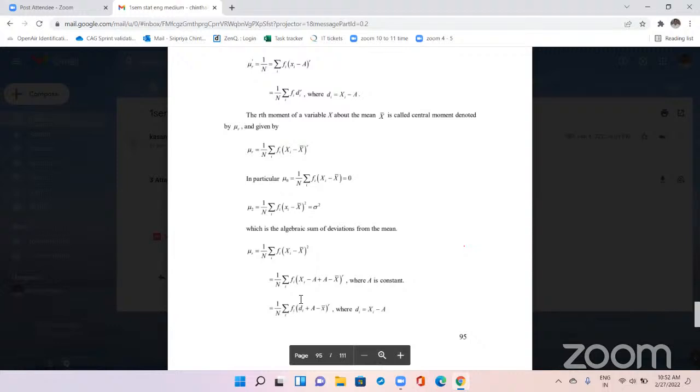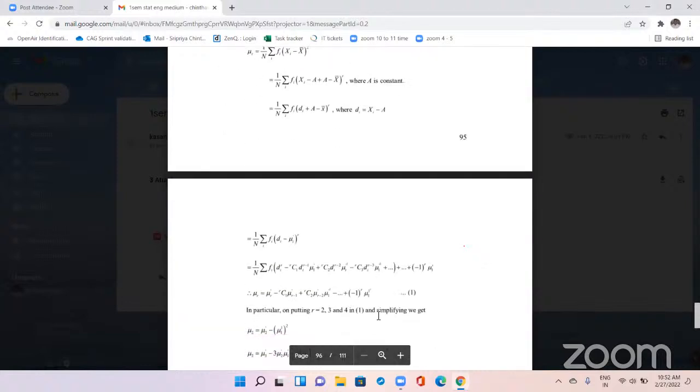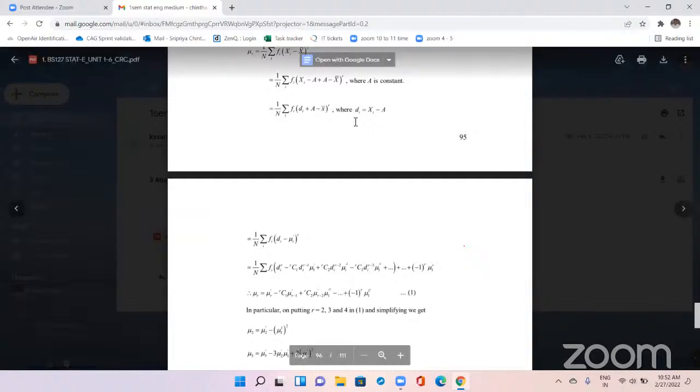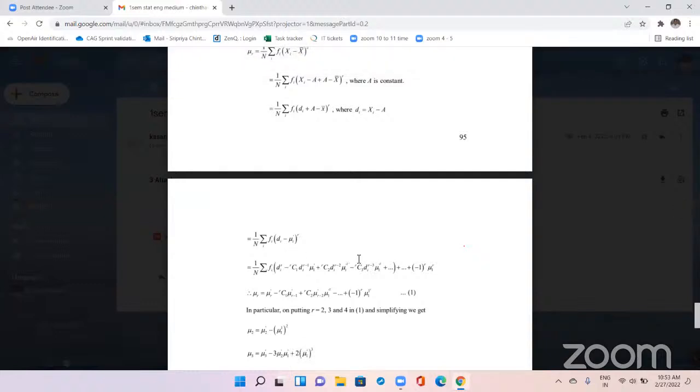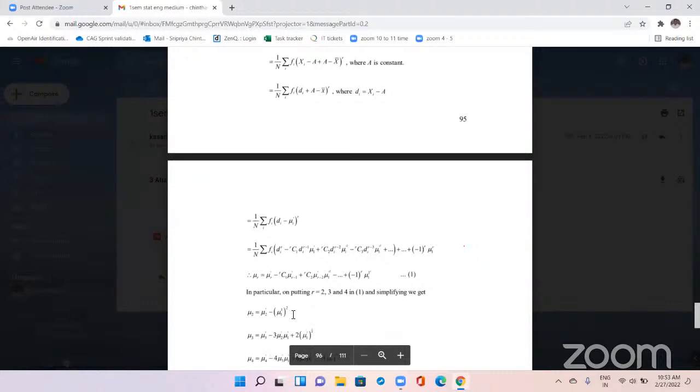Now 1 by n sigma fi into xi minus a is equal to d, the deviation, plus a minus x bar whole to the power of r, where d is equal to x minus a. Now this is 1 by n sigma fi into di, and this x minus a is nothing but mu r prime. So by binomial expansion you should get equation 1. In particular, putting r equal to 3 and 4 in equation 1, you should get these formulas.